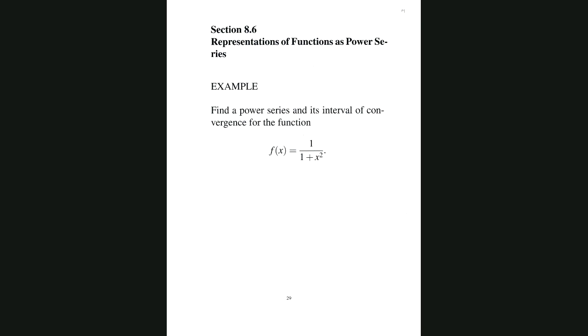So here, say you have this function f of x is equal to 1 over 1 plus x squared, and we want to express this rational function, which, as you know, sometimes is difficult to deal with, as a power series.